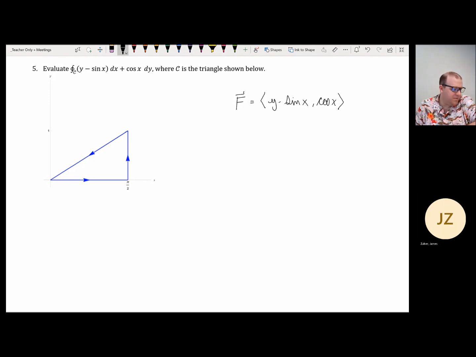It is. It's clearly closed. Simple just means it's non-intersecting, so the path doesn't intersect with itself.